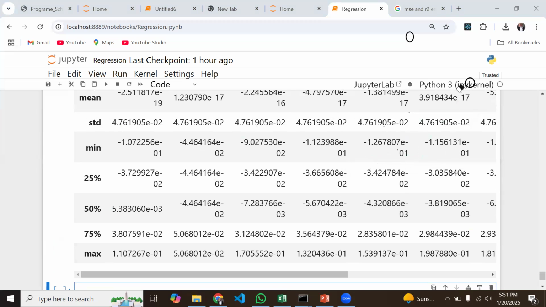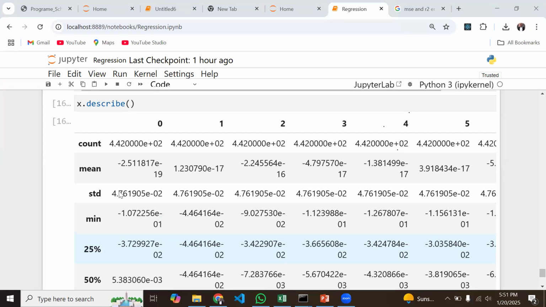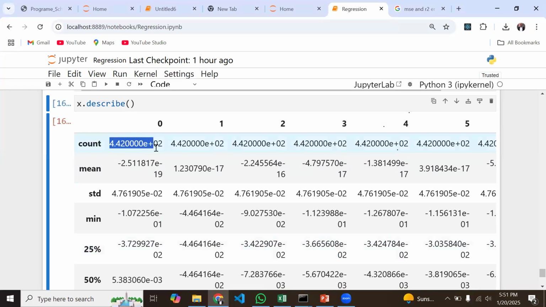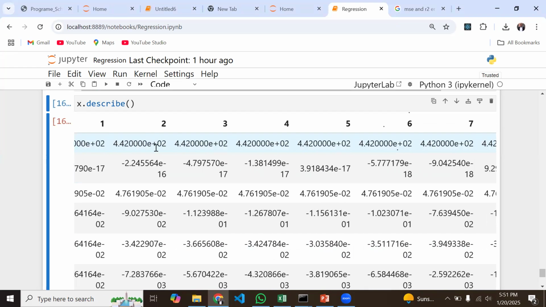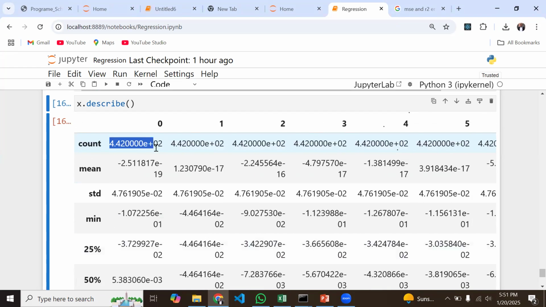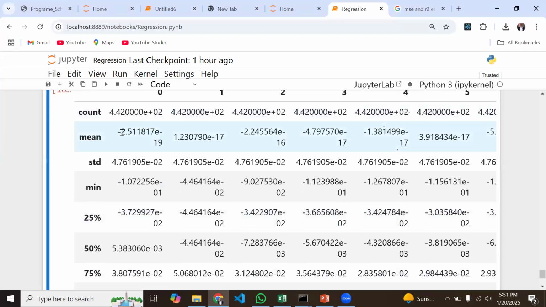We've looked at these things and we can use our knowledge of statistics to make sense out of this. Good, so now we get the counts. We don't seem to have any problem over here with the number of times we have this. Now let's look at the mean. You see the mean and the standard deviation, about 0.00476.